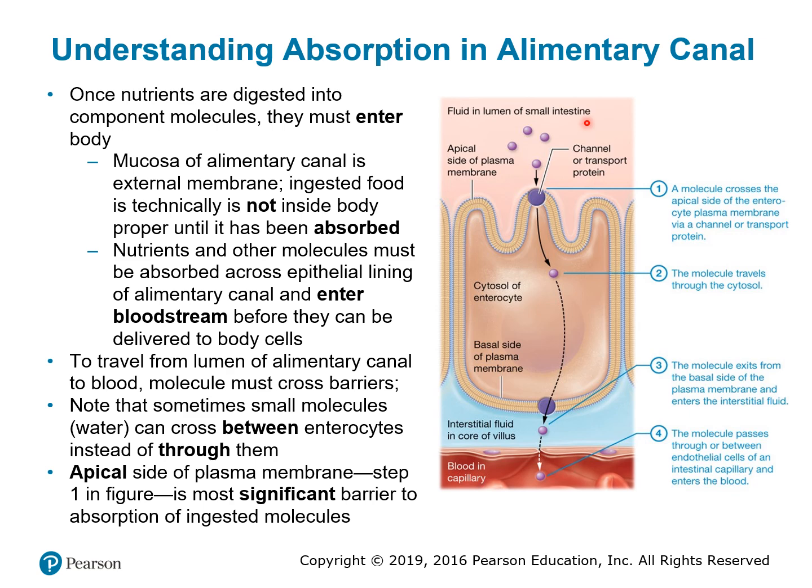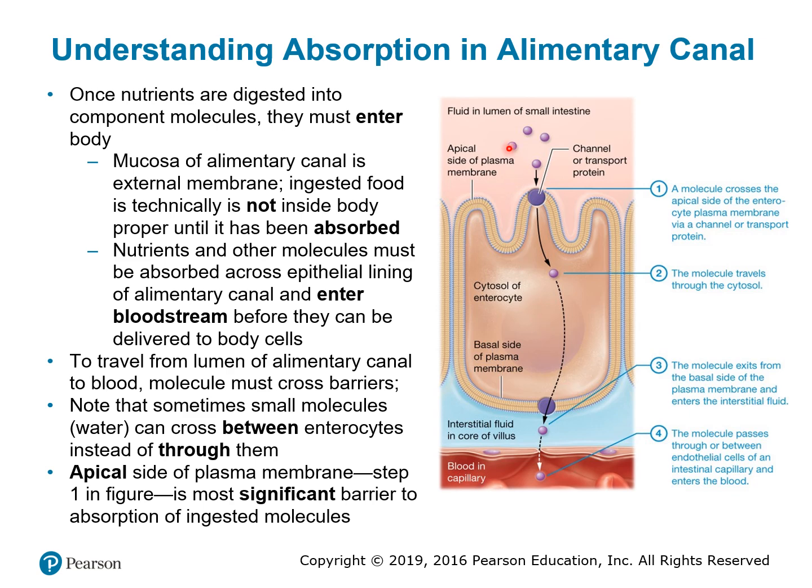So, for example, here we have the lining of the small intestine. This is the inside of the small intestine. You have the epithelial lining of the alimentary canal, and then you have the blood vessels. Now, when we're looking at the position of the enterocytes, the cells that are part of the lining of the alimentary canal, this is what the enterocyte looks like.